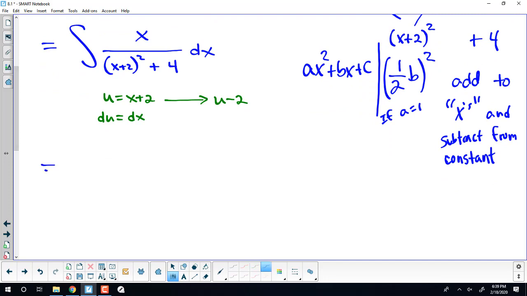So then we've got the antiderivative; up top is x, which is actually u minus 2. We have x plus 2 quantity squared, which was just our u squared, plus that 4.